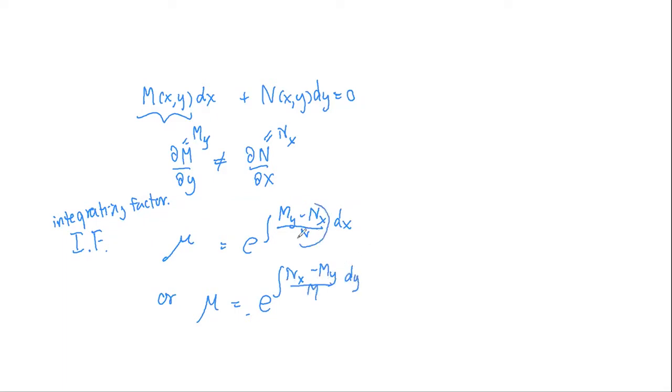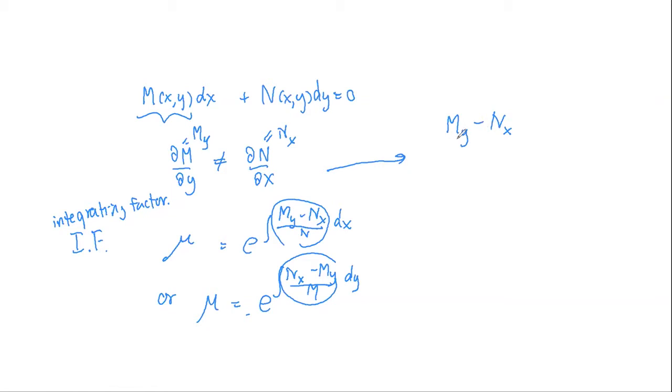How do we determine which one we're going to use? From the partial derivatives you did in the testing process, since they are not the same, if you subtract them, the numerator will be a non-zero term.